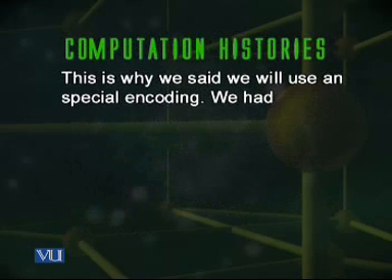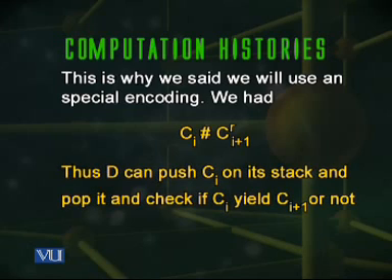Well, recall that the way we had done our encoding, if Ci was written straight, then Ci+1 was written backwards. And since D is a PDA, it has access to a stack. So as it goes through Ci, it can push Ci onto the stack. And then when it sees the hash sign, it can pop the elements of Ci and start matching them with Ci+1 and find out if Ci yields Ci+1. It just has to be careful and make sure that the changes that happen between Ci and Ci+1 are not the ones given by the transition function.